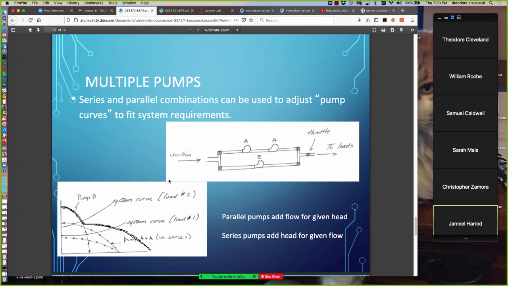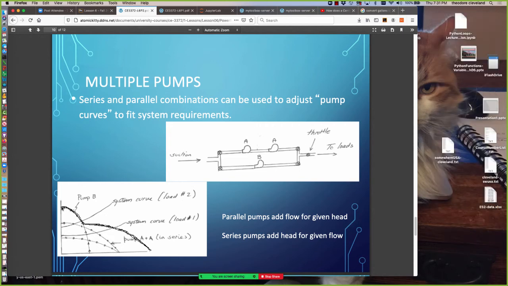If we were to take this configuration in the drawing here, the composite pump curve of pump B plus 2 pumps A in series is shown by this solid line. It has this knee in it where pump B loses its capability to be useful.